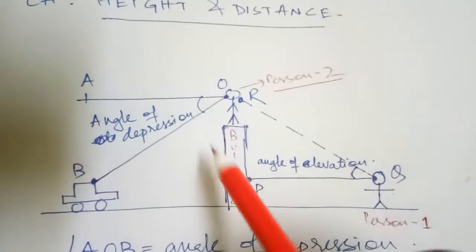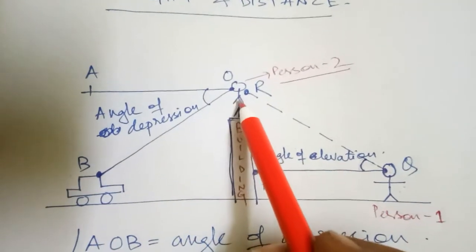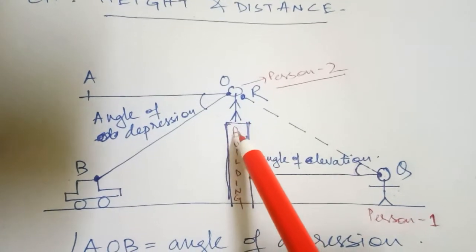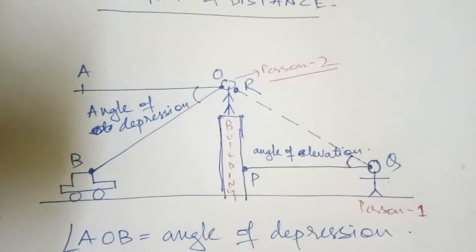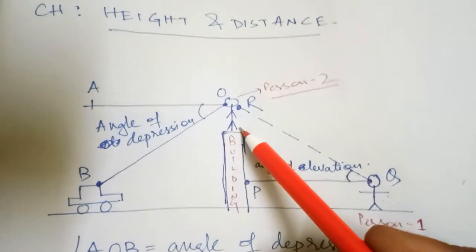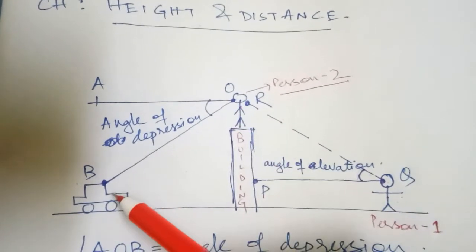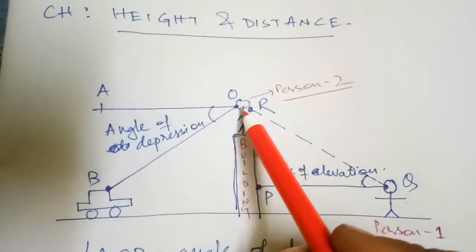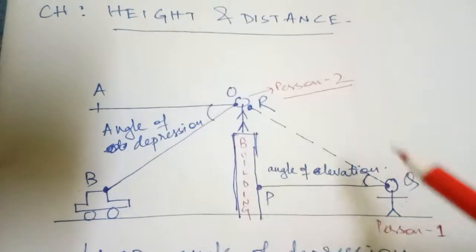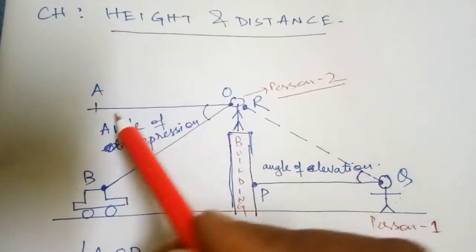Now in the same case, whenever you are standing on the terrace looking downwards to the road, some cars are moving, some persons are moving. The same case over here, person 2 is looking down. You see that they form one angle here. This angle always forms with the line of sight.